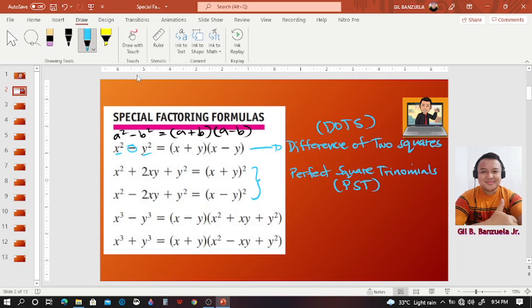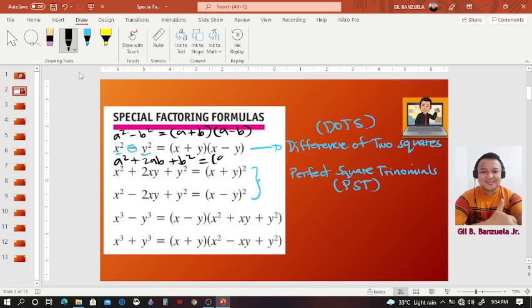Iyon. So, kapag perfect square daw yung trinomial natin guys, the answer is always the square of your x and y. So, some books use a squared plus 2ab plus b squared.